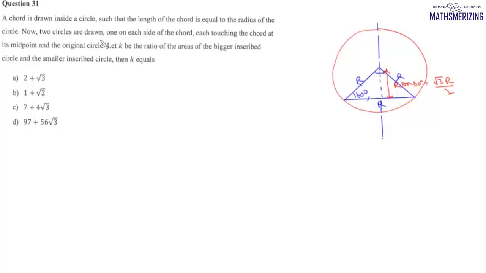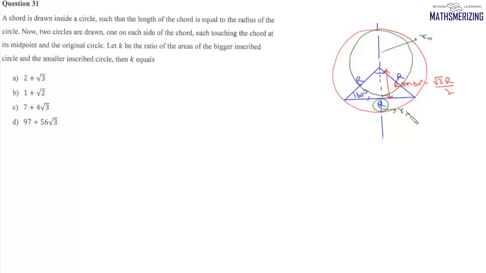Now it says two circles are drawn, one on each side of the chord, each touching the chord at its midpoint. So we have two circles, each touching the chord at its midpoint. We need to find the ratio of areas of the bigger circle and the smaller inscribed circle. So first we'll find the radius of both the circles. This is say R small, and suppose for this one it is say R big.